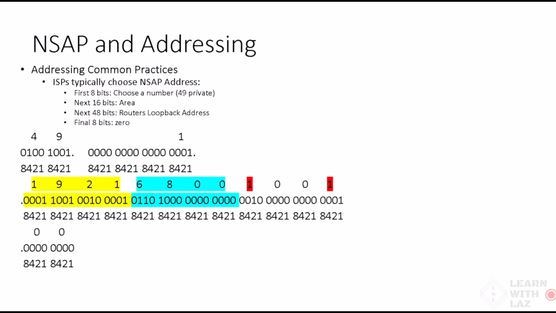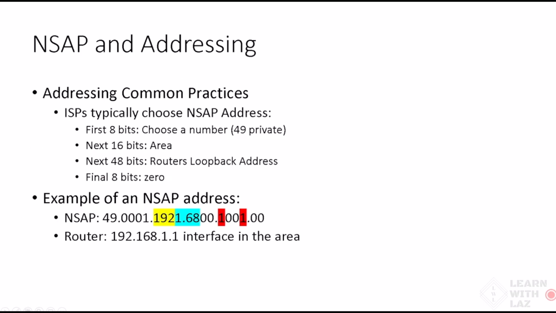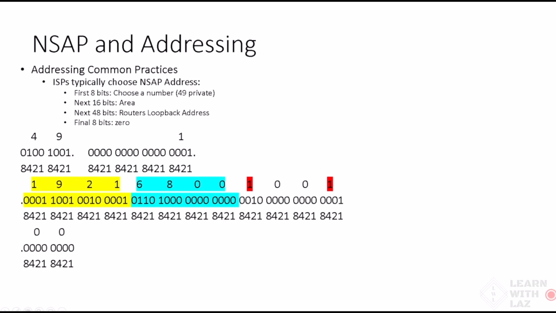This is the breakdown of that NSAP address in binary, the hexadecimal values, which ones are turned on. So when they talk about the first 8 bits, that's what it means. The next 16 bits, that's what it means. The next 48 bits, that's what it means. And the last 8 bits, that's what it means.